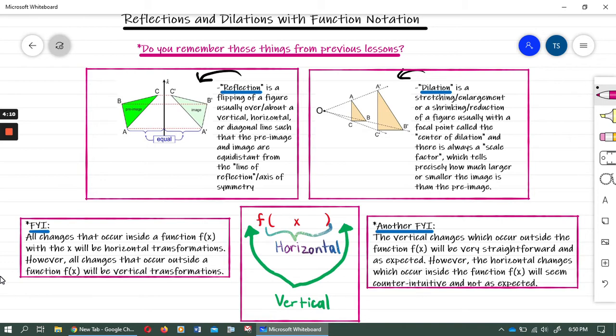and talk about the function notation that you would expect to see when you're dealing with reflections and dilations.